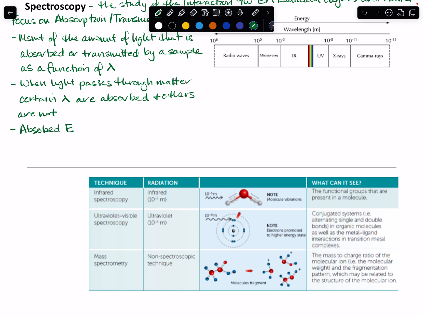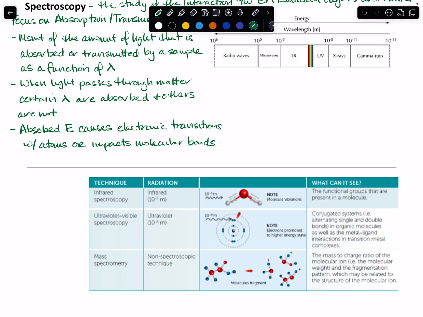So that absorbed energy causes electronic transitions within atoms or impacts molecular bonds.